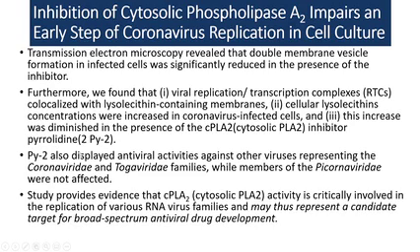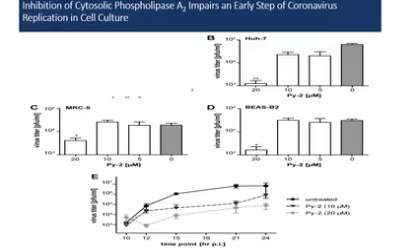And it also knocked out the phospholipase A2 and the virus activity of other viruses as well. And so the conclusion of the study is that these inhibitors of phospholipase A2 may represent a candidate target for broad spectrum antiviral drug development.